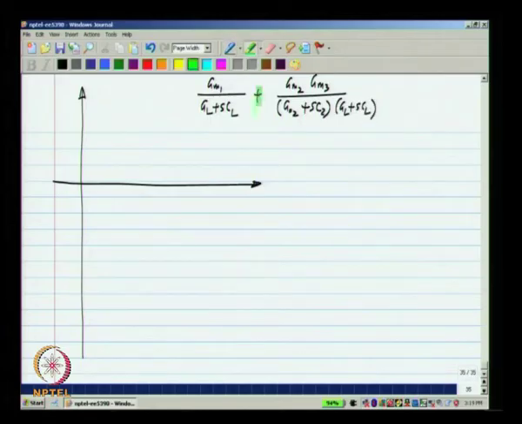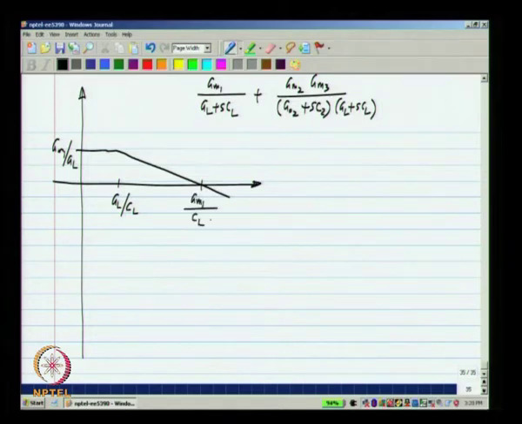Now, the first of these is a first order transfer function with a DC gain of Gm1 by GL, and it has a pole at GL by CL, and it rolls off at 20 dB per decade after that, and it cuts unity gain at, if you recall, Gm1 by CL.